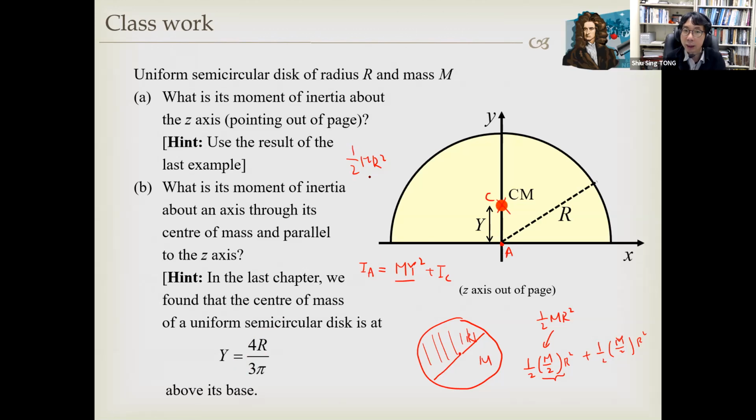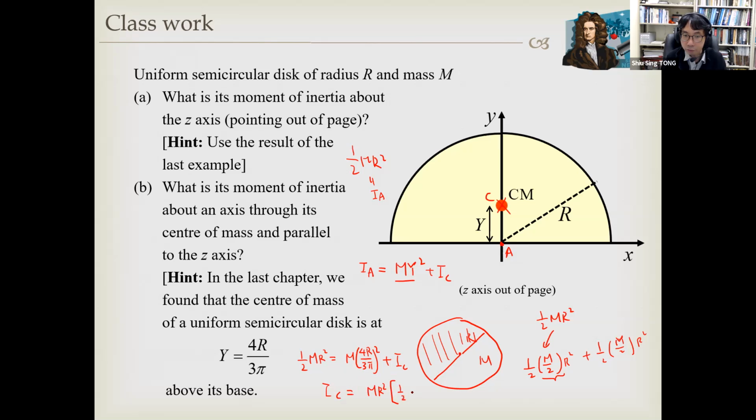If I_A is half m r squared, and Y is this, then I_C is this minus this. I put the m r squared outside anyway.